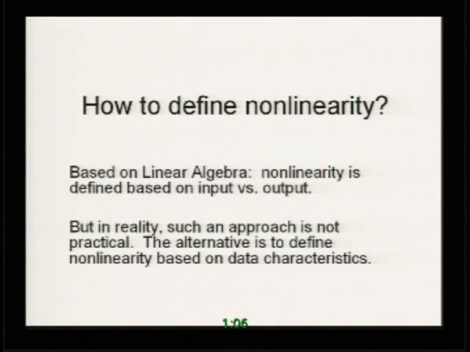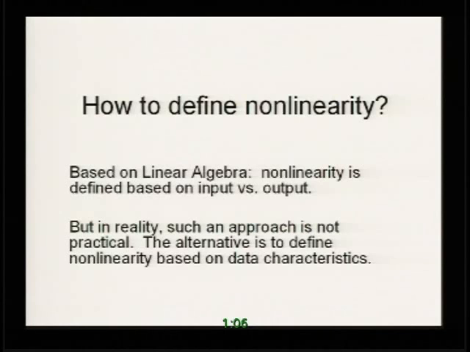From mathematicians, they say, well, in the linear space, I can define a bunch of linear equations, linear operators, linear algebra. If it doesn't fit that, it's nonlinear. Nonlinear has a very poor definition. It's just, if it doesn't fit this, it's that. It's qualitative, not quantitative.